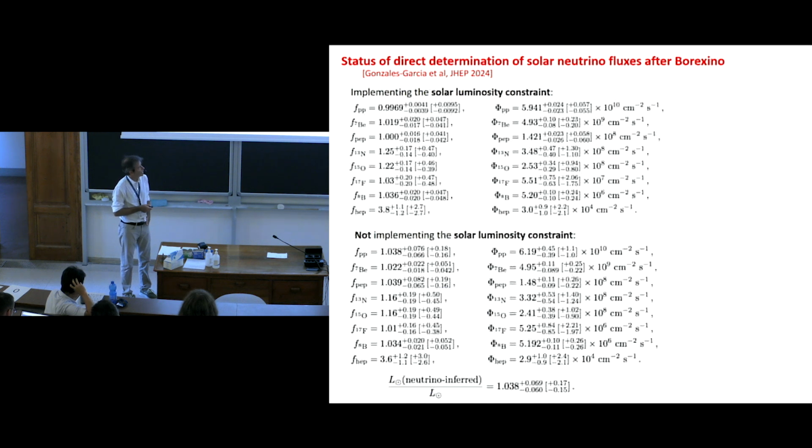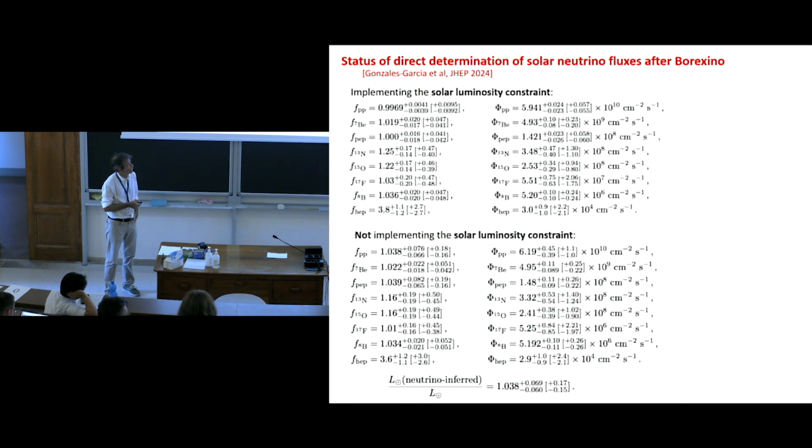Then if you go instead to boron and beryllium neutrinos, which are subdominant and very well determined by experimental data, you should see that the accuracy, 2%, 2%, 2%, 2%, is essentially the same, whether you implement or not the solar luminosity constraint.